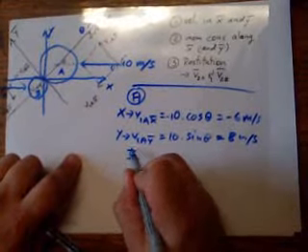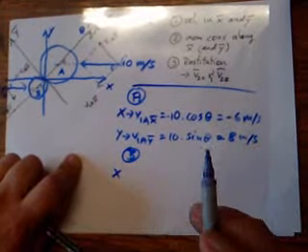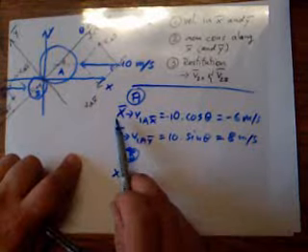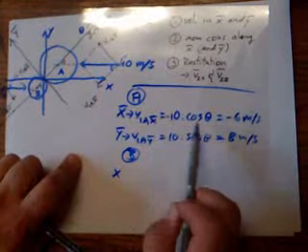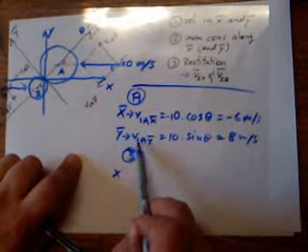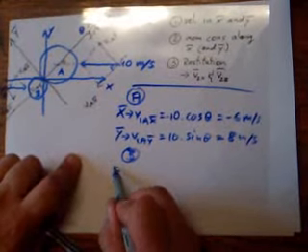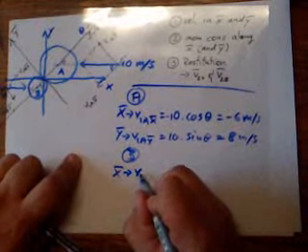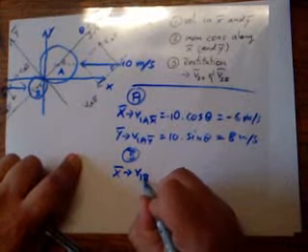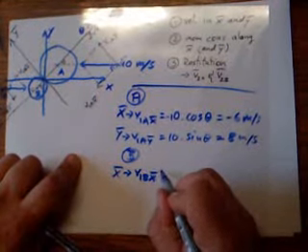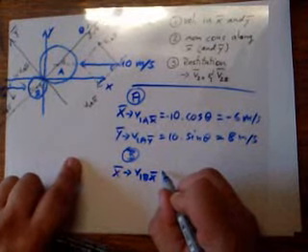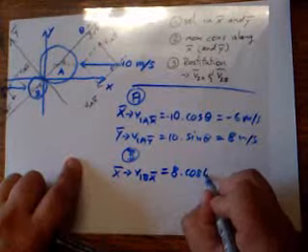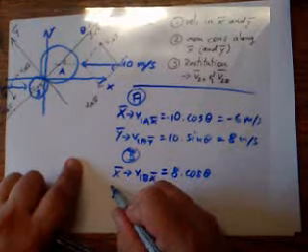For body B, along the x direction, and these should have been bars. So that's along the x bar direction, that's the velocity, and along the y bar direction, that's the velocity. Along the x bar direction, the initial one is V1B x bar, and that is just equal to 8 times cos theta, and then along the y direction.